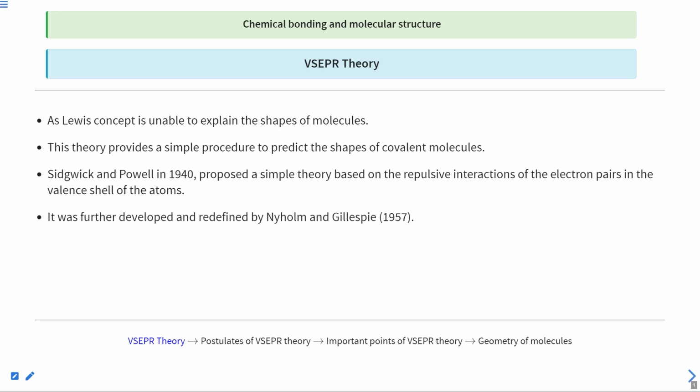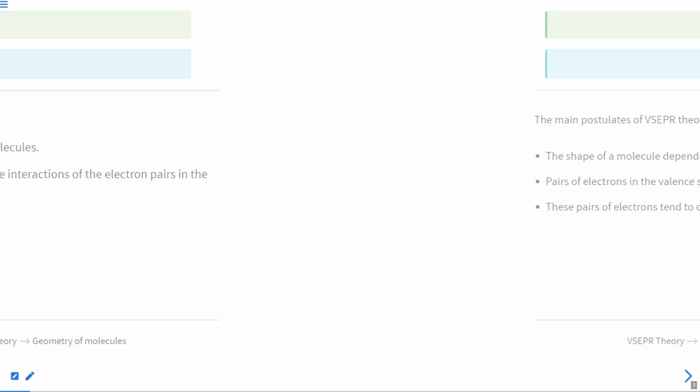That is the reason it is called valence shell electron pair repulsion theory. It was further developed and redefined by Nyholm and Gillespie in 1957.